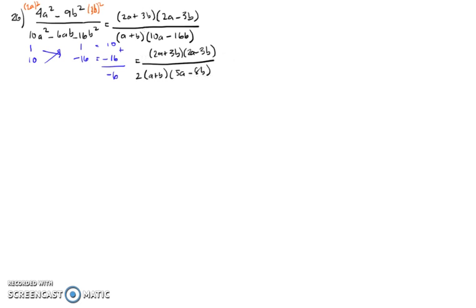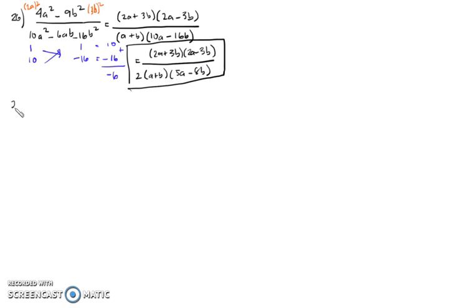Again, there's nothing else that I can cancel, so this will be my final answer. As long as I can get the factors or make it in factor form, we're good.